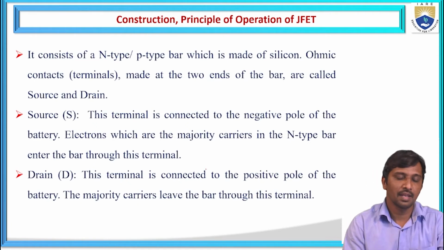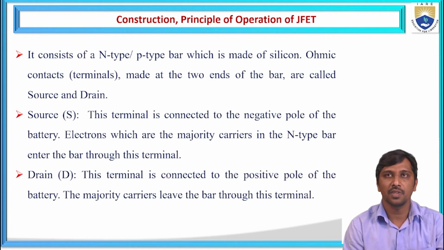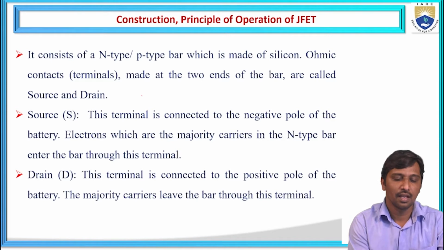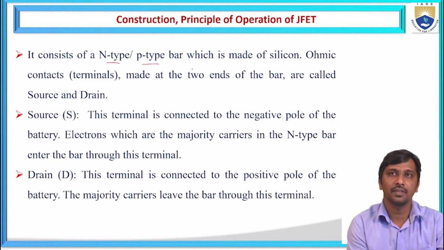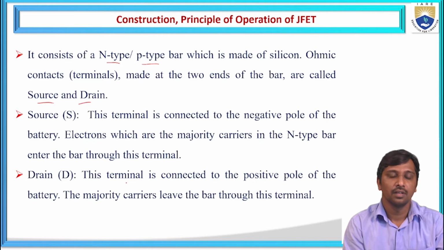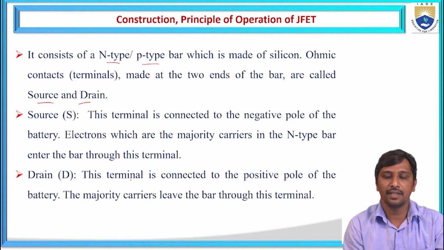Based on these two constructions, we identified that it contains an N type or a P type bar that is made up of silicon, and it has ohmic contacts or terminals at the two ends, called the source and the drain. Let us consider the N channel.